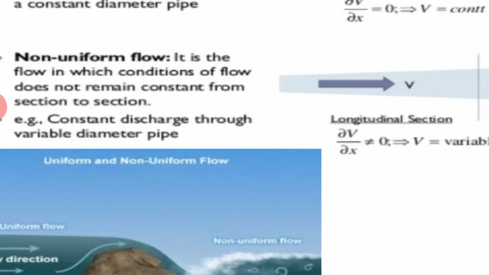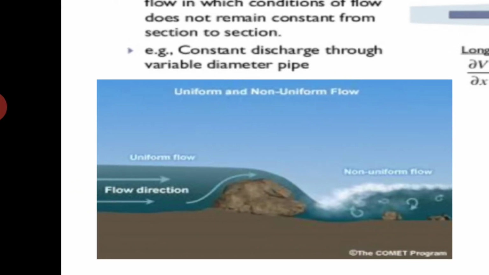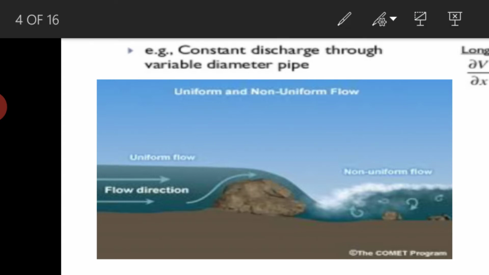In this particular figure you can observe which is the non-uniform flow and which is the uniform flow. Here this is the obstruction and the water is flowing in this direction. The flow approaches the obstruction.